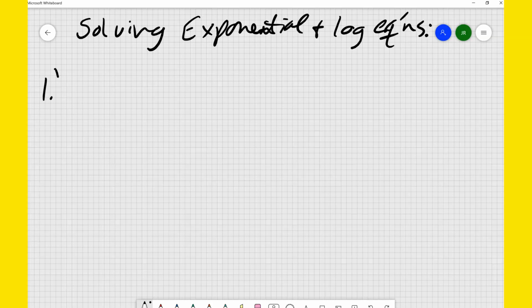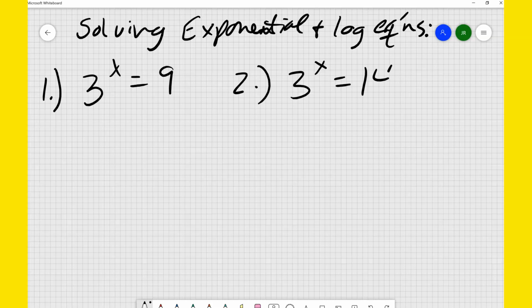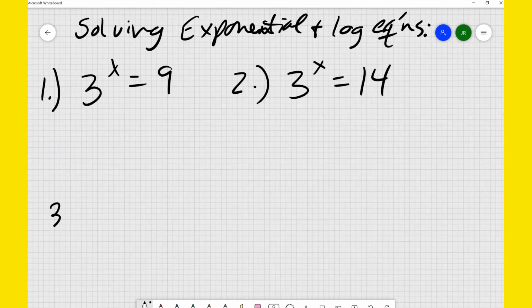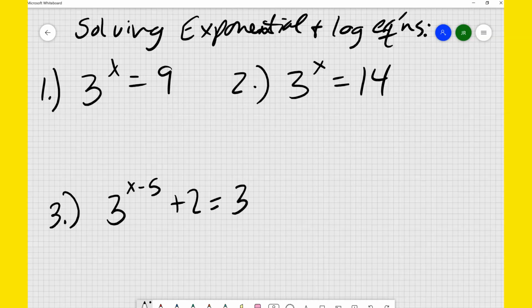All right, so the first ones I'm going to do are going to be exponential equations. So let's say we have 3 to the x equals 9. I'm just going to give you several examples. All right, let me do another one.